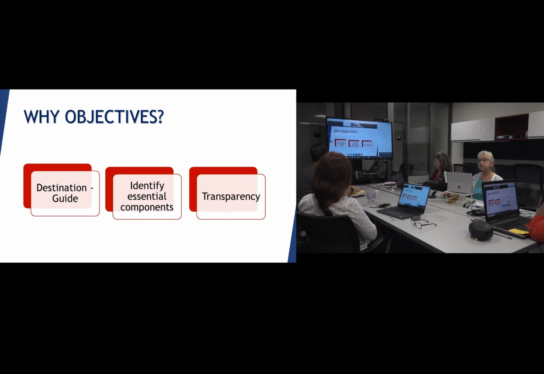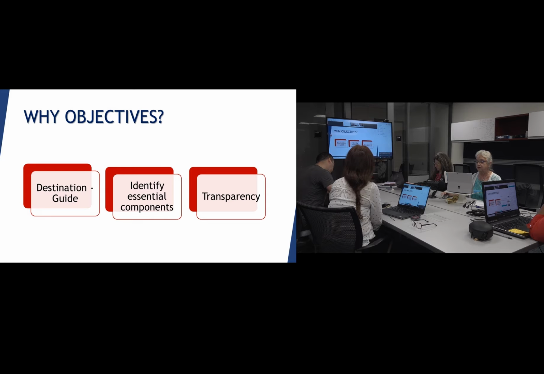They show us the direction that we want to go, and take a look at the components of what it takes to get there, and provide transparency within the course so that those questions that used to be asked, like "am I ever going to use this?" this shows exactly where it's going to be used.